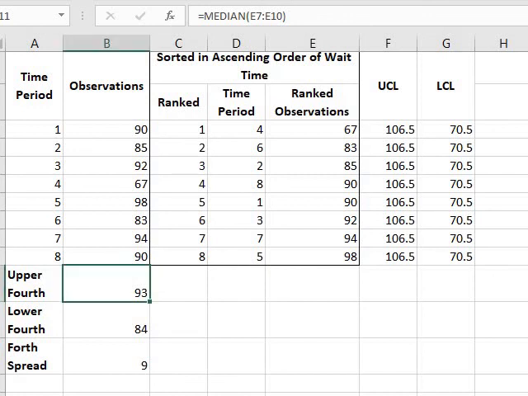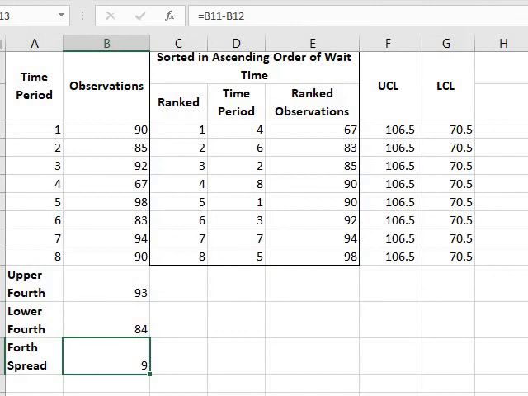As you can see, the upper fourth is the median of the upper half of the data, so that will be 90 to 98, or time periods 5 through 8. The lower fourth is the median of the lower half of the data set, which will be the smaller half of the data set. And you can calculate these medians by using the median formula in Excel. So equals median, and then select the range for which you would like to calculate the median.